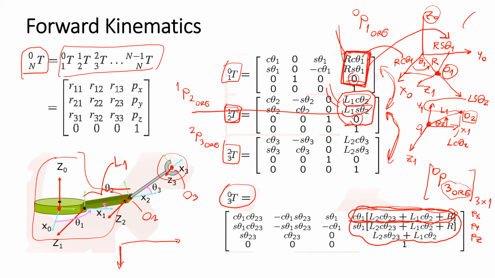And L1 changes direction by theta 2 and theta 3. If you look from this direction, you have the radius r, and you have L1 with the angle theta 2, and you have L2 with the angle theta 3.